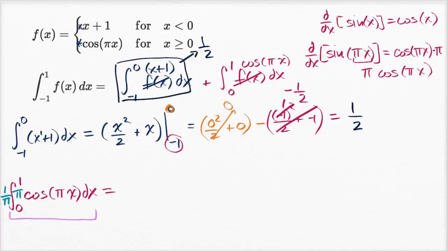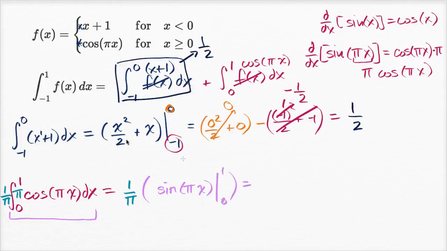So this is equal to 1 over pi times, now we're going to evaluate, so the antiderivative here, we just said, is sine of pi x, and we're going to evaluate that at 1 and at 0.